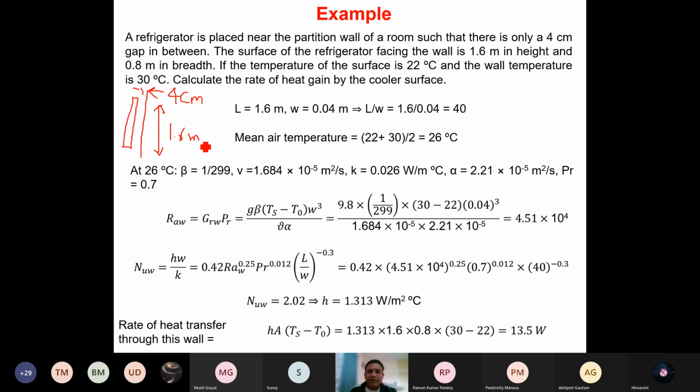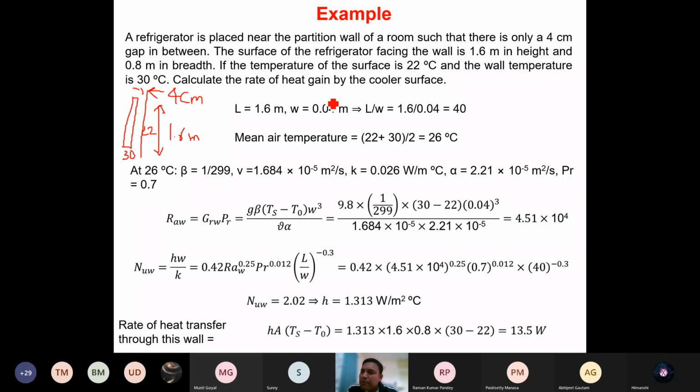And the breadth, which is in the perpendicular direction to the plane, is given as 0.8 meter. If the temperature of this surface is 22, whereas the temperature of this refrigerator wall is 30, calculate the rate of heat gain by the cooler surface.